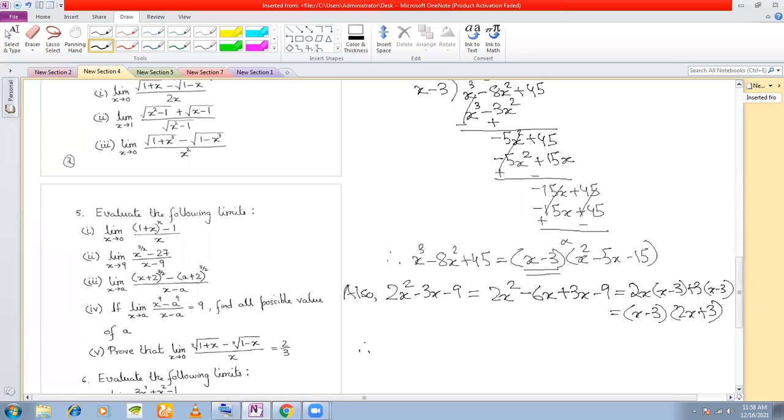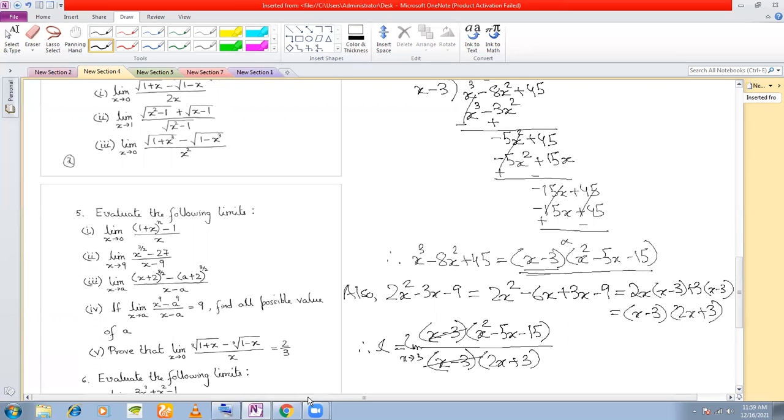So therefore, what is L? Therefore, L becomes numerator, which I have factorized here, x minus 3 into x square minus 5x minus 15 divided by denominator x minus 3 into 2x plus 3. So that now this is limit x tends to 3.